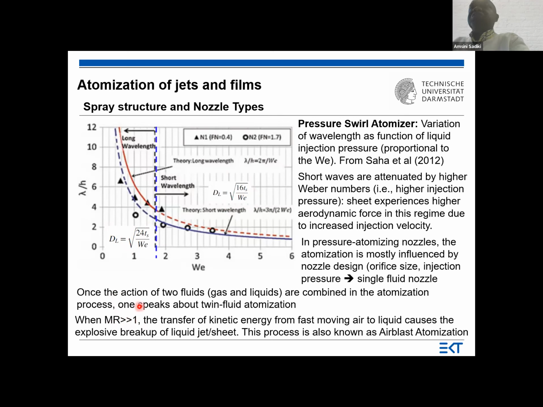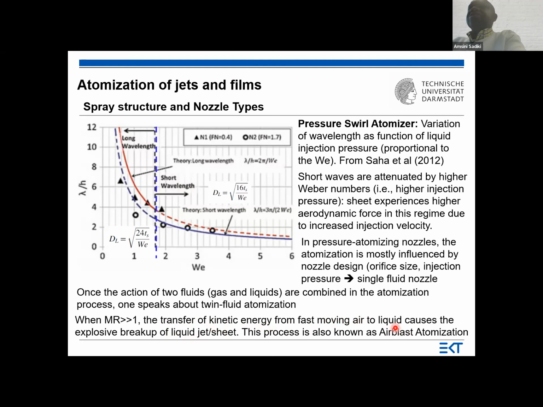In the case where we have two fluids, gas and liquid, we have twin fluid atomization, in which there is a transfer of kinetic energy between the two fluids. The transfer of kinetic energy from fast moving air to liquid causes the explosive breakup of the liquid jet.